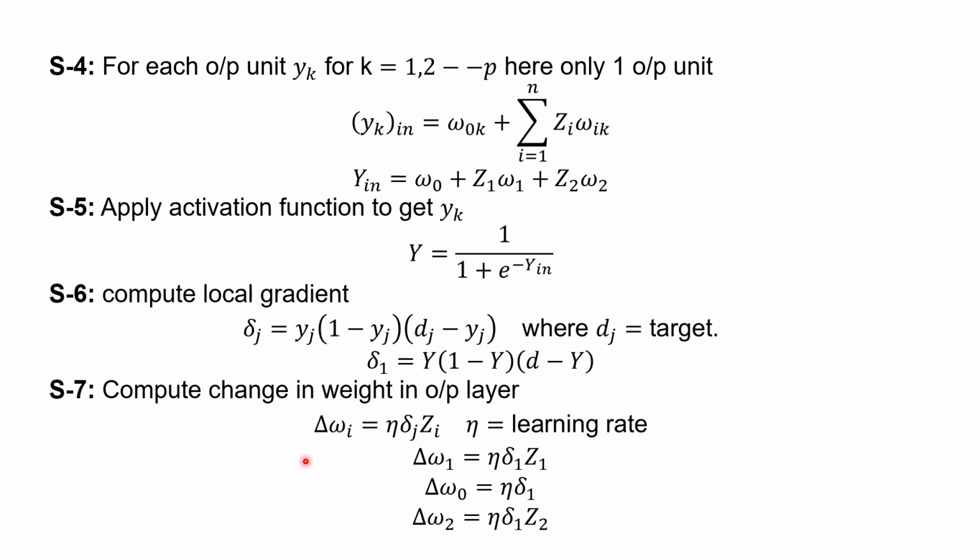Change in weight is given by del wi, which is equal to eta del j zi, where eta is the learning rate. For the given network, del w1 is equal to eta del 1 z1, del w0 is equal to eta del 1, del w2 is equal to eta del 1 z2.